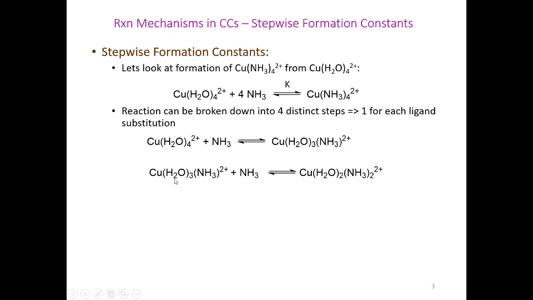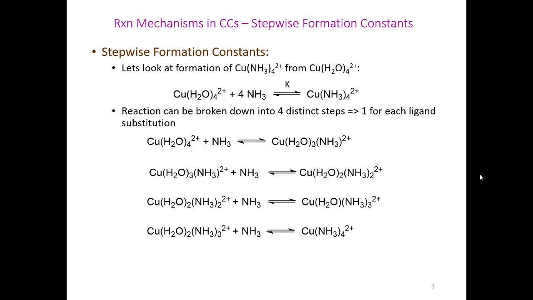So now this is the complex that undergoes a ligand substitution with another equivalent of ammonia, to form diammine diaqua copper 2. And then the third ligand substitution occurs, and then the fourth ligand substitution occurs to finally form your final product, which is tetraammine copper 2.